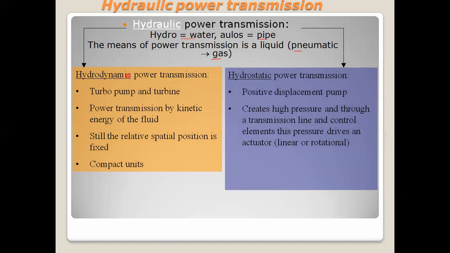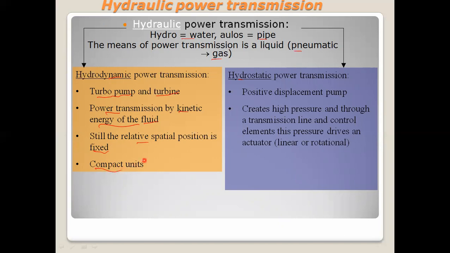Hydraulic power transmission can be done in two ways: hydrodynamic and hydrostatic. In hydrodynamic, a turbo pump and turbine are used, and power transmission is done by the kinetic energy of the fluid. The relative spatial position is fixed. Turbo machines and centrifugal pumps use hydrodynamic power transmission.